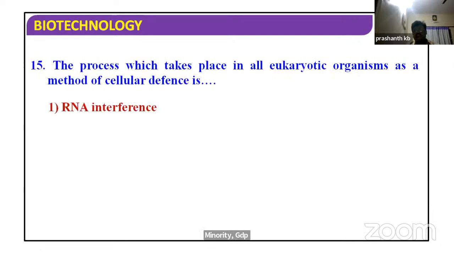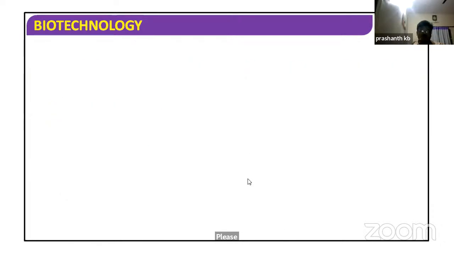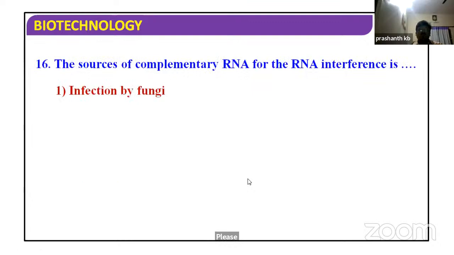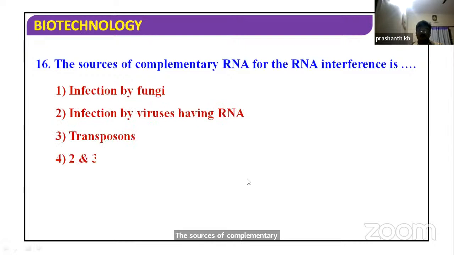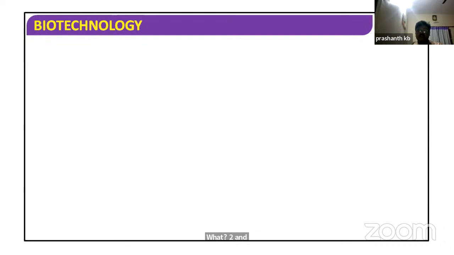The process which takes place in all eukaryotic organisms as a method of cellular defense. RNAi means RNA interference. The sources of complementary RNA for the RNA interference is both 2 and 3. Infection by fungi, infection by virus having RNA.